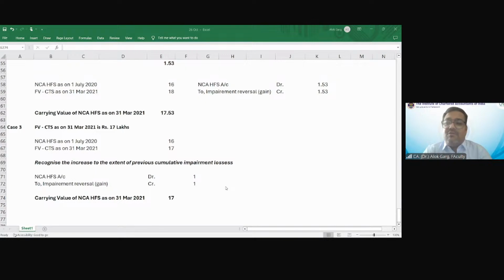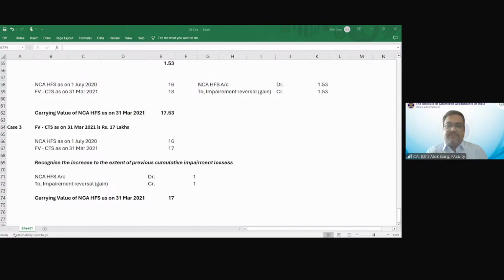If fair value less cost to sell has declined, recognize the impairment loss again. If the fair value less cost to sell has increased, recognize the increase only to the extent of previous cumulative impairment losses. कौन से cumulative? मतलब when it was PPE, if there is any impairment loss that has to be taken, and when it becomes NCHFS, if there is any impairment loss that is also required to be taken. Okay. Is that fine?